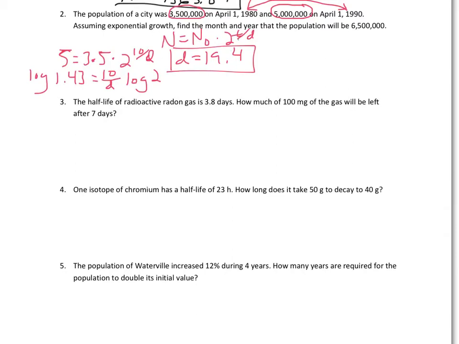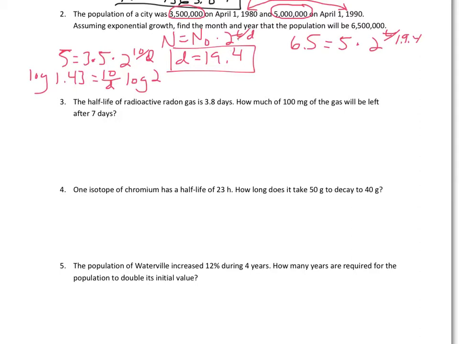I want to find out where we're at: 6.5 million equals N sub 0. You could use really either one; it just depends on what we're going from. So let's use 5 times 2 to the t over 19.4 power.